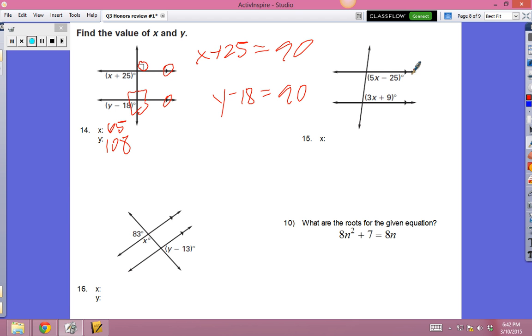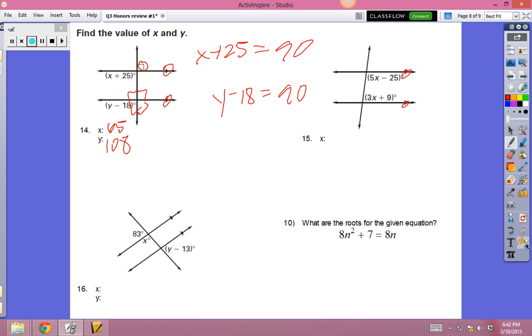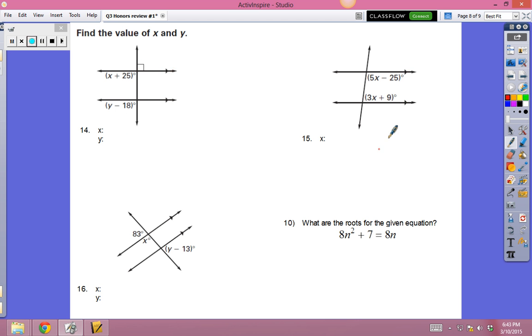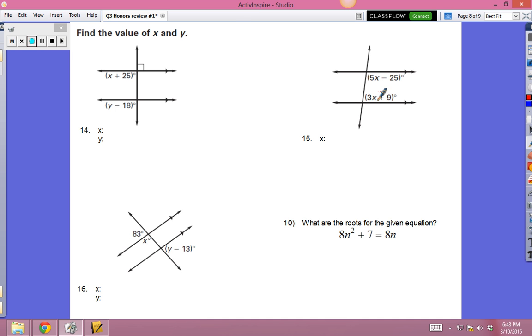15. If these lines are parallel, this angle right here and this angle right here, they're either one of two things. They're either congruent, so they're the exact same, or they're supplementary. They add and give you 180, and these two add and give you 180. So I'm going to take the 5x minus 25 plus the 3x plus 9, and they will add together and give you 180.